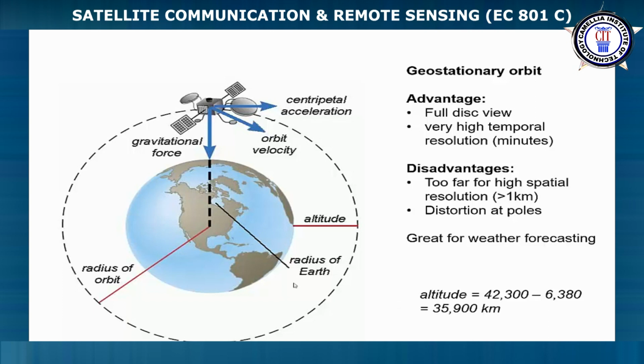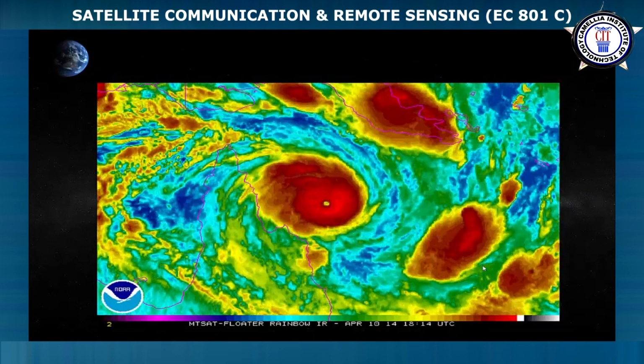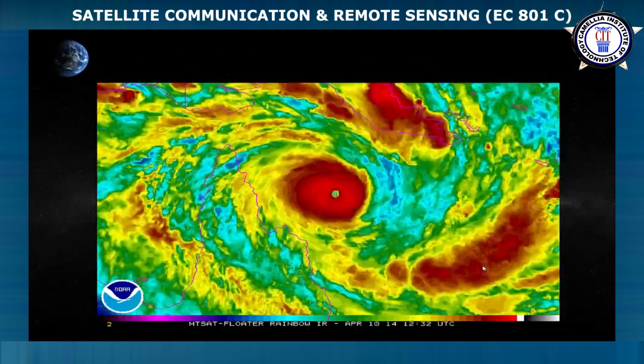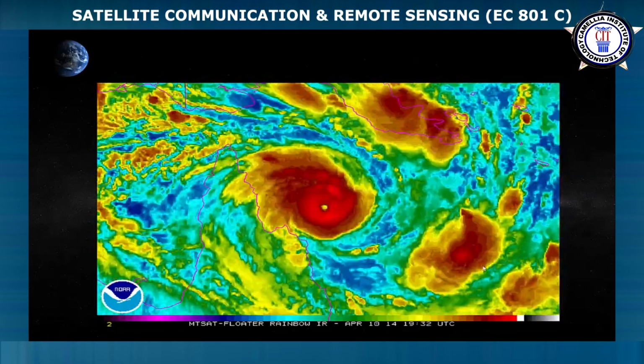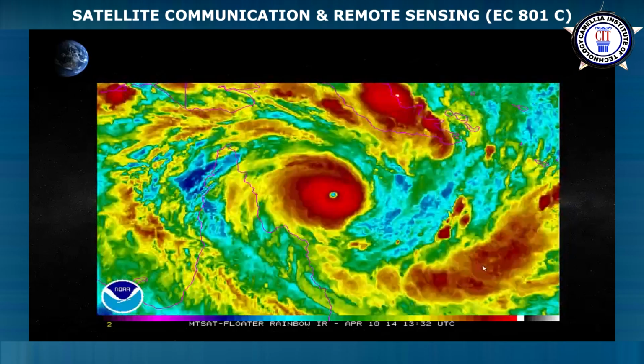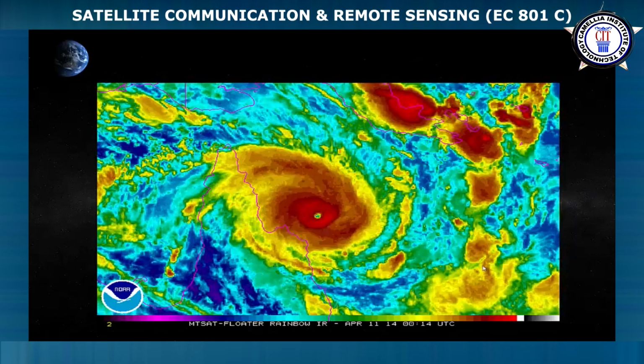Now the disadvantages are it's too far for high spatial resolution, as it is greater than 1 kilometer, and it produces distortion at poles. Here we can see the view of April 2014, Australia, the detailed temporal view from the geostationary orbit satellite.